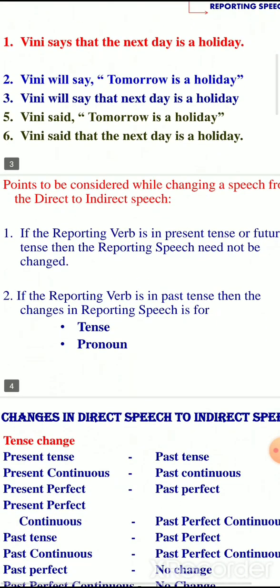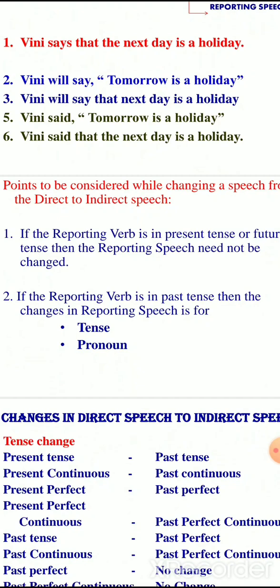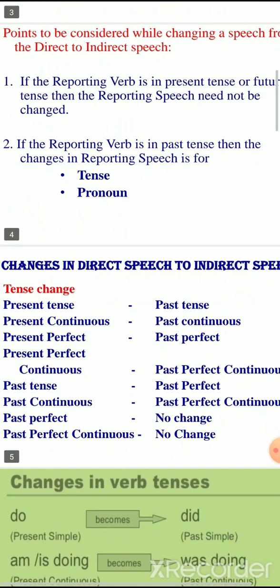So what are the points to be considered before changing a speech from direct to indirect speech? If the reporting verb is in present tense or future tense, then the reporting speech need not be changed. If the reporting verb is in past tense, then the changes in the reporting speech are, you have to change the tense and you have to change the pronoun.